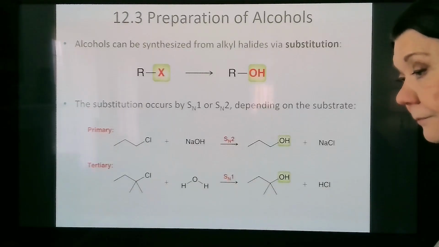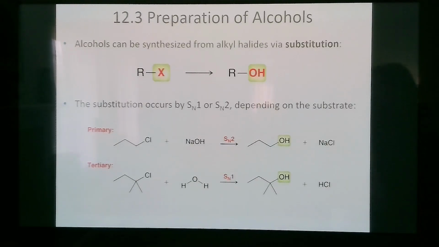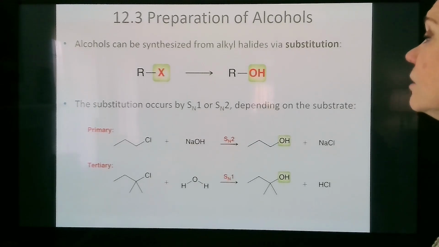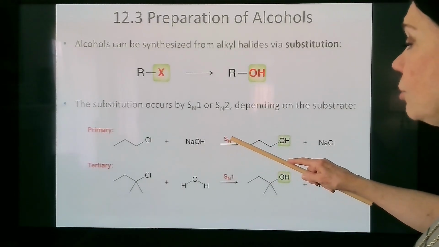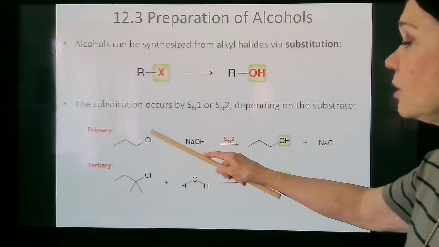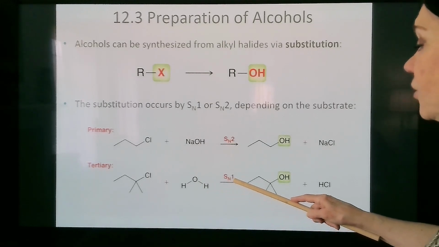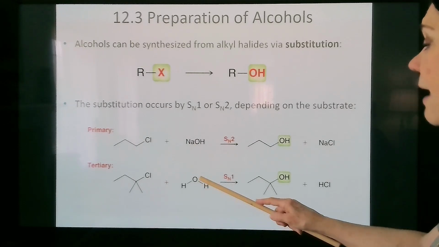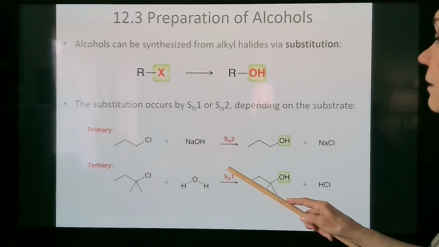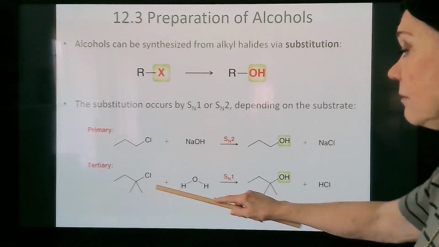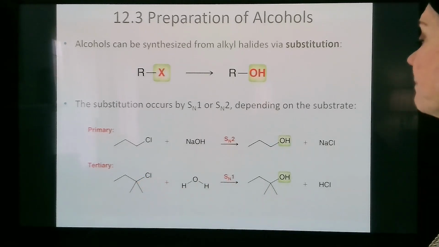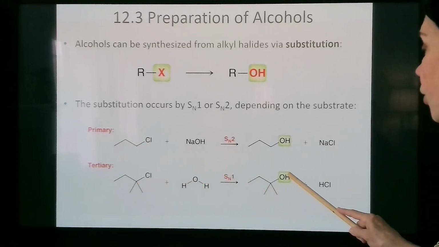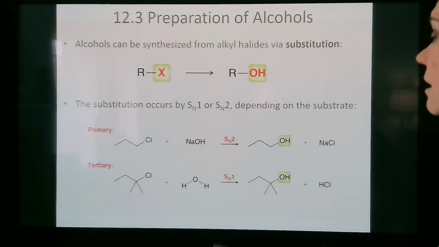The preparation of alcohols. They can be synthesized from alkyl halides, as you have already seen. So you've seen it in the SN2 reaction. OH- comes in, does a backside attack. You've seen it in the SN1 reaction, where chloride departs and forms the tertiary cation, and then oxygen attacks the tertiary cation, and you have the SN1 reaction.